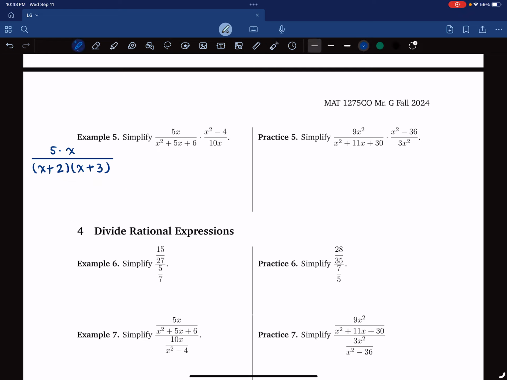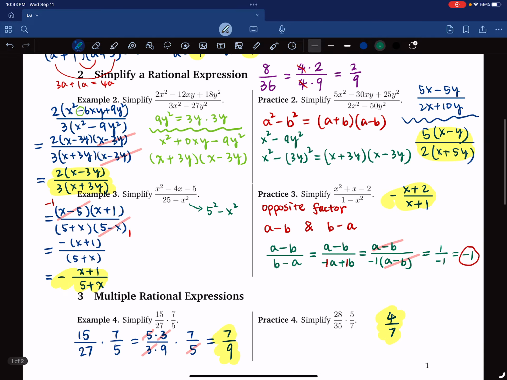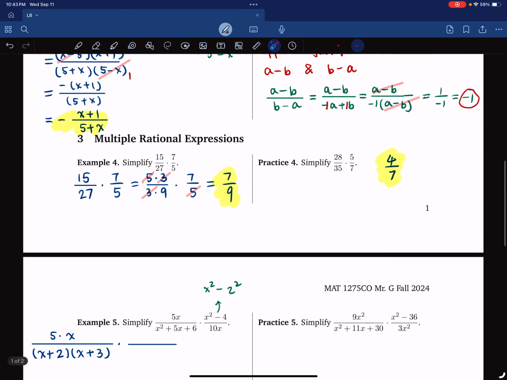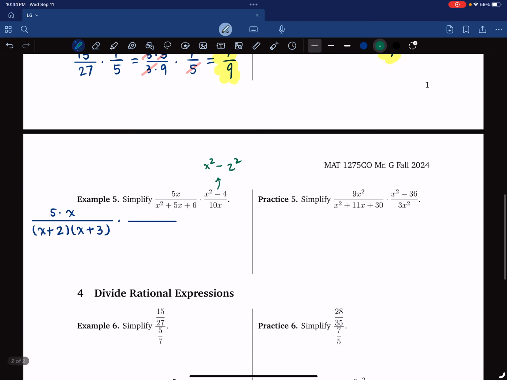All right, now let's keep factoring the second one. x squared minus 4 is in the form of a squared minus b squared, right? And because it's in this form, we can apply this formula that we talked about earlier. a squared minus b squared is a plus b times a minus b. So we're going to use that formula and factor this part.